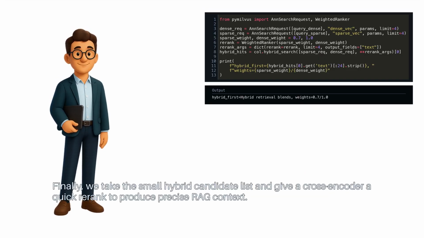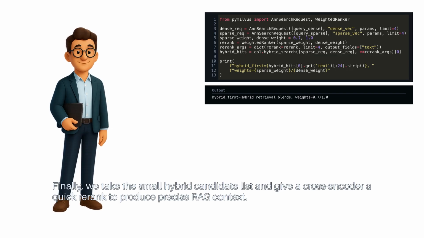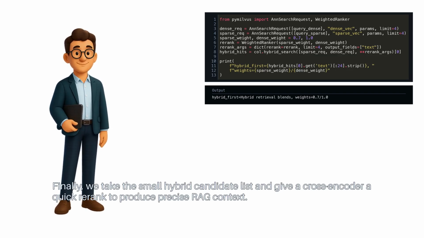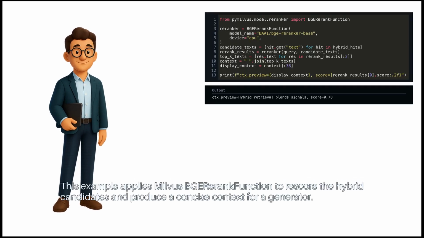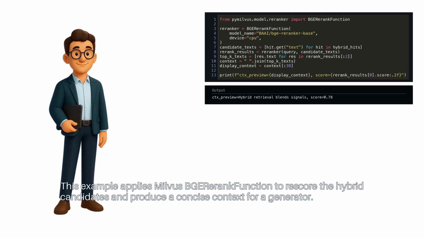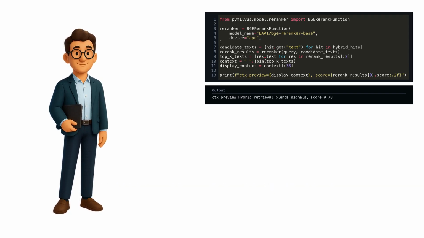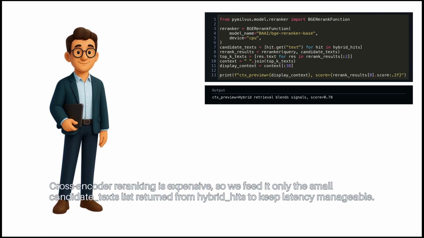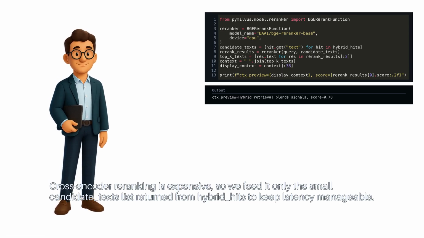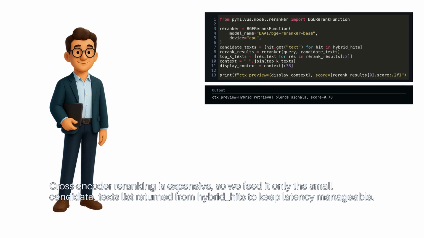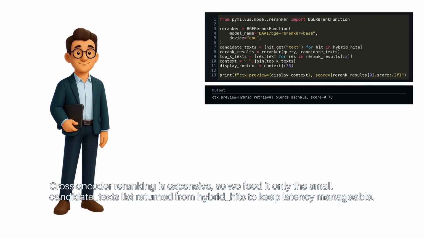Finally, we take the small hybrid candidate list and give a cross-encoder a quick re-rank to produce precise RAG context. This example applies Milvus BGERerankFunction to rescore the hybrid candidates and produce a concise context for a generator. Cross-encoder re-ranking is expensive, so we feed it only the small candidate texts list returned from the hybrid hits to keep latency manageable.